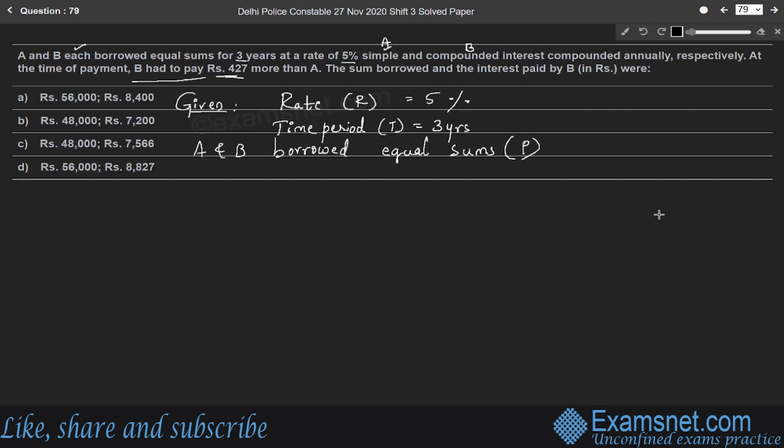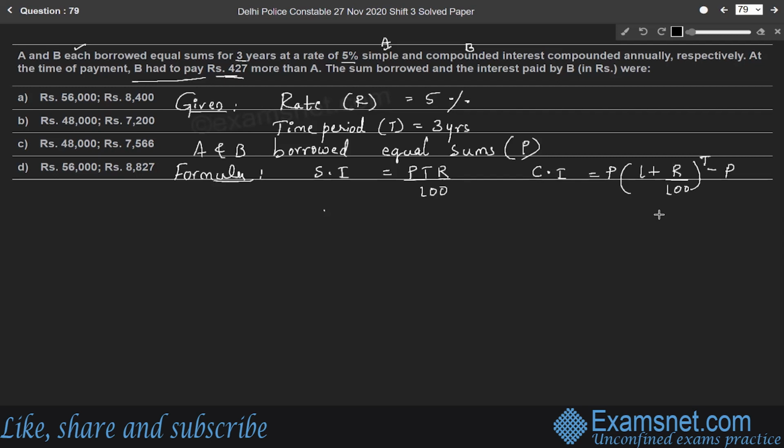So for that we are using the formula of simple interest is equal to PTR by 100, where P is the principal amount, T is the time period, R is the rate of interest, and compound interest is equal to principal amount into 1 plus rate of interest by 100 to the power of time period minus principal amount, right?